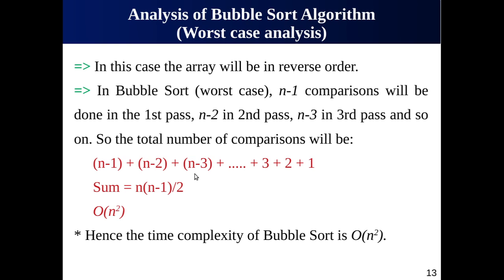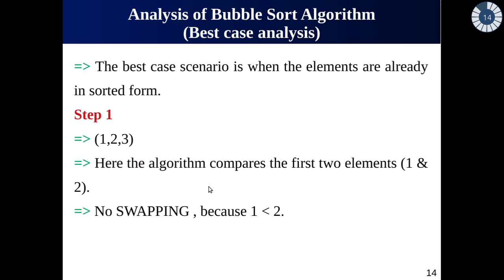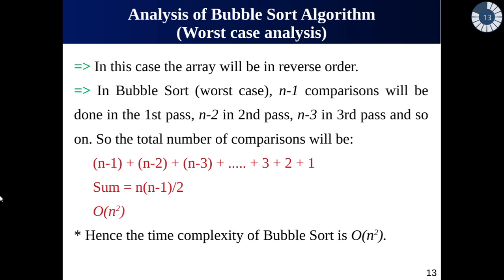In the worst case, you could actually see that our algorithm considers the number of comparisons. And if you revise the concepts in the bubble sort, we actually do n-1 comparisons in the first pass, we do n-2 comparisons in the second pass, and we do n-3 comparisons in the third pass, and so on.